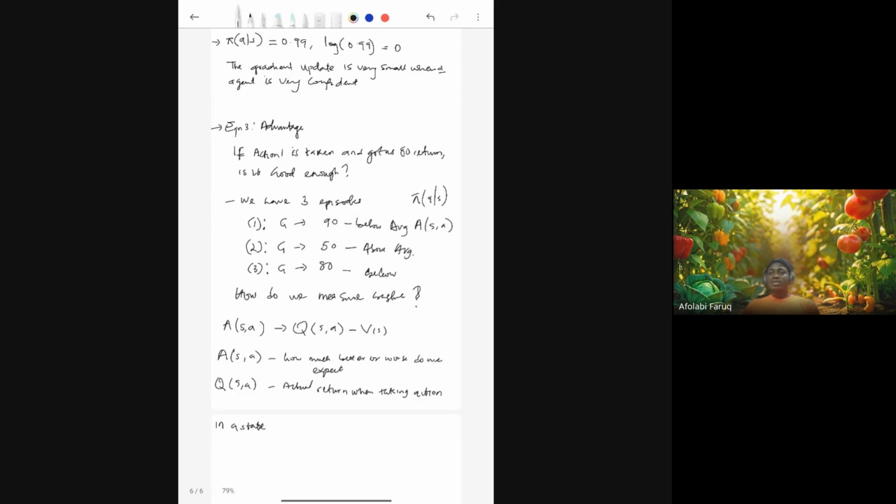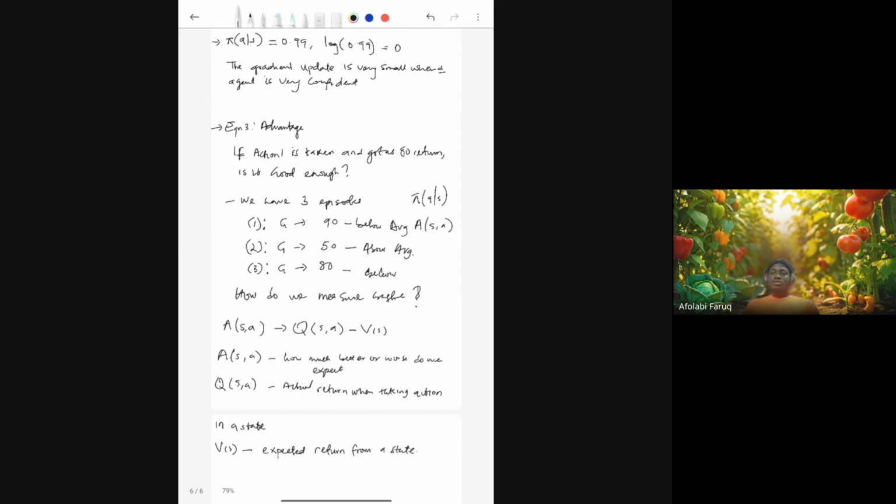While V of S is the expected return from a given state.